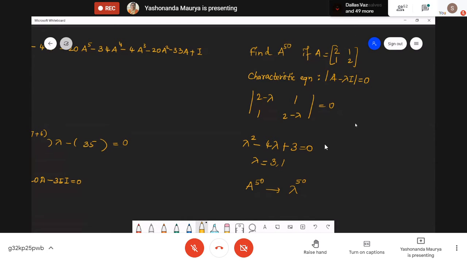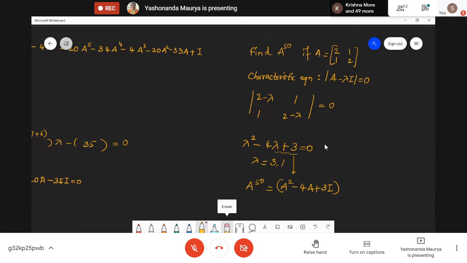Now, when we are trying to simplify this A raised to 50, how will it look? It will be A square minus 4A plus 3I, which is the characteristic polynomial by the Cayley-Hamilton theorem.